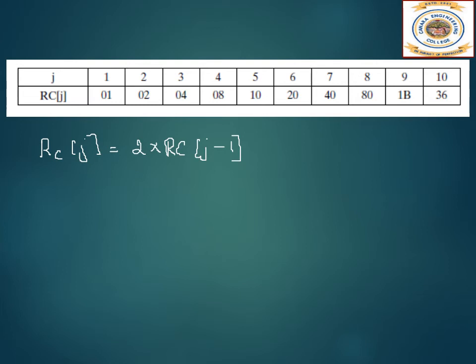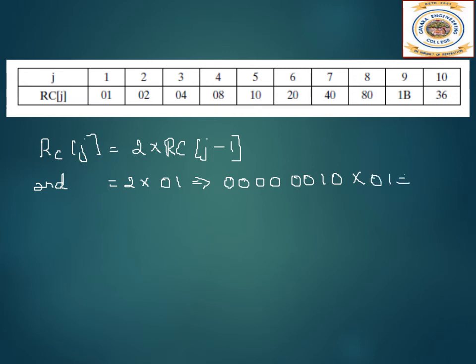So for the second round, what happens? For the second round it will be 2 into 0 1. This is also in the form of a binary multiplication, 0 0 0 0 0 0 1 0 into 0 1.